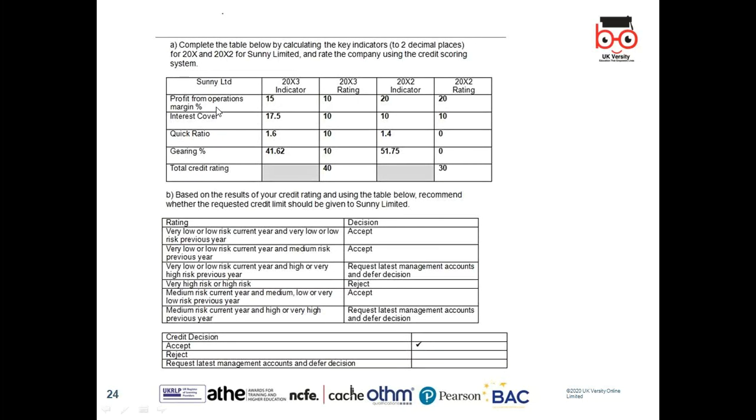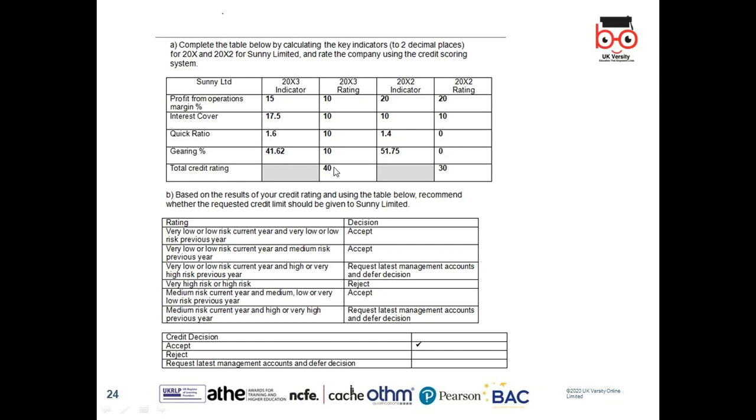So the profit and loss and the balance sheet have been given, and then we've been asked to calculate the ratios, and we calculated the ratios. The profit we calculated for 2003, and we gave the rating 10, 10, 10, and we rate based on the rating criteria which is set by the company, and you're the manager to make a decision, either you give them credit or not.